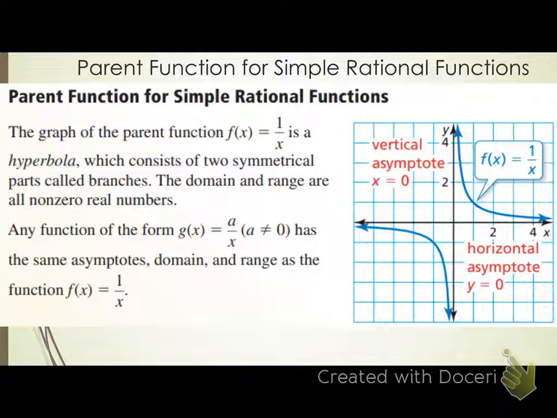It just gradually gets closer, but never touches it. Does everyone see that? Domain's left to right. I've also got a vertical asymptote right here, of x equals 0.